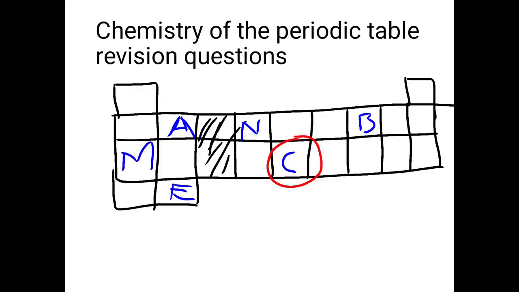Question number 2 is that on the grid provided, show with a tick the position of element D whose atomic number is 18. So we need to select the position of an element that has an atomic number of 18, and we use the same method. We have position 1 here, so we have 1, 2, 3, 4, 5, 6, 7, 8, 9, 10, 11, 12, 13, 14, 15, 16, 17, 18.